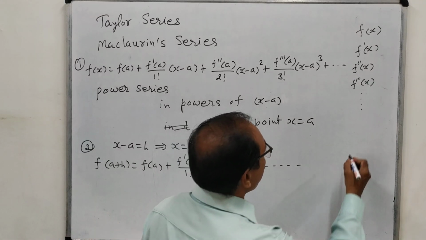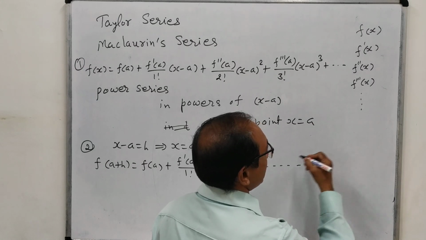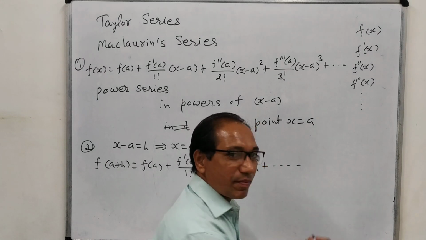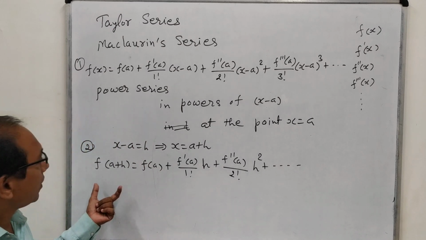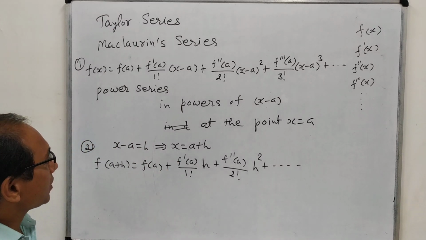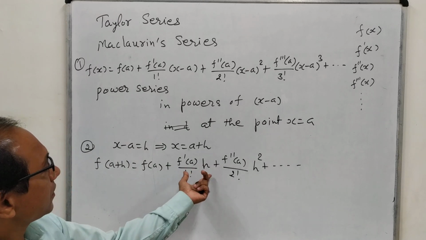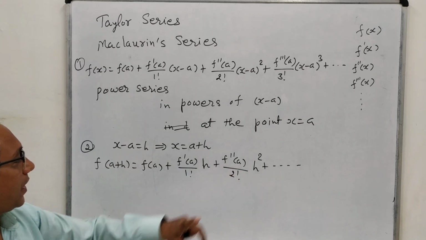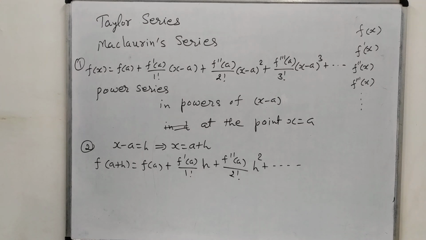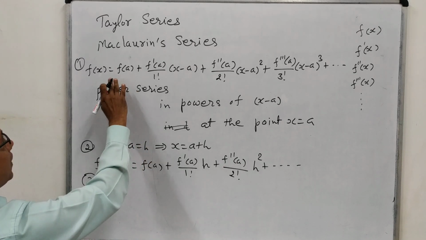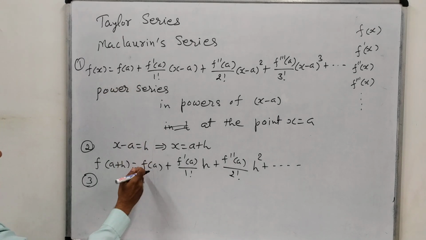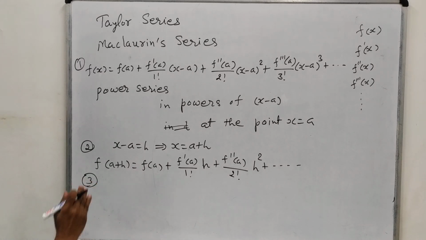Actually, in the example we will use the same kind of series to find the expansion of some given function in powers of x. That means instead of h we will put x there. You will get the idea when we consider one example. Then the third type. In the third type, if you remember this formula, then both the second and third formulas can be remembered very easily.